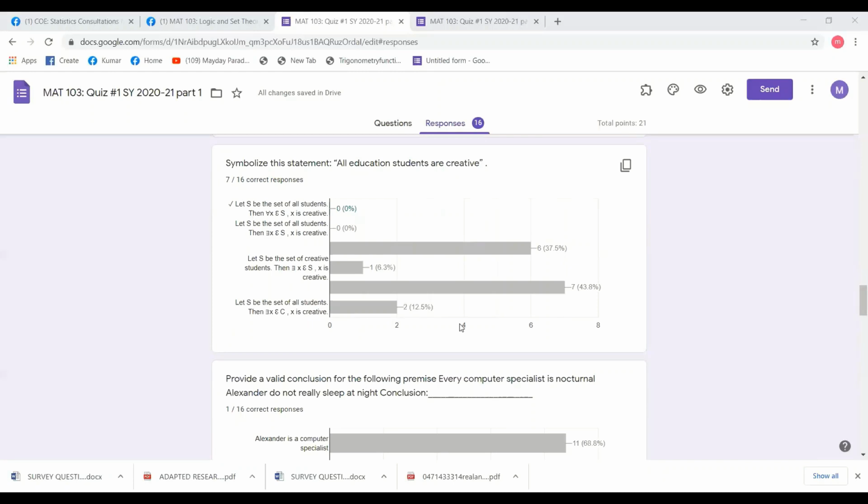It's only letter A: for all x an element of S, x is creative. So therefore, the answer here is only option A. The original one is 37% here. So this is the answer.